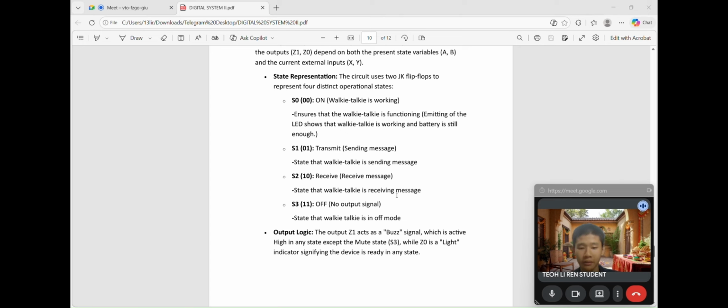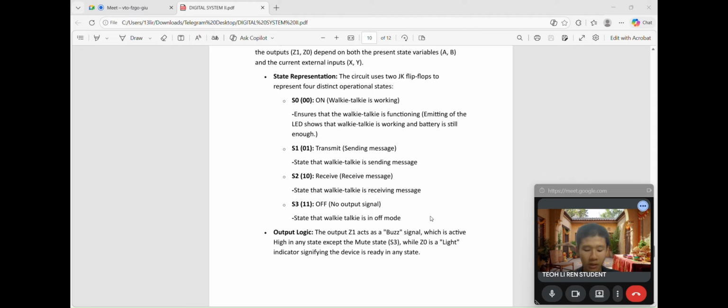Why do we use Z1 and Z0? This is because the logic for the outputs can ensure the user is never in the dark about the device status. Since the buzzer is active in all states except mute or off, it acts as a heartbeat for the system. It lets the user know the device is active and not accidentally silent.